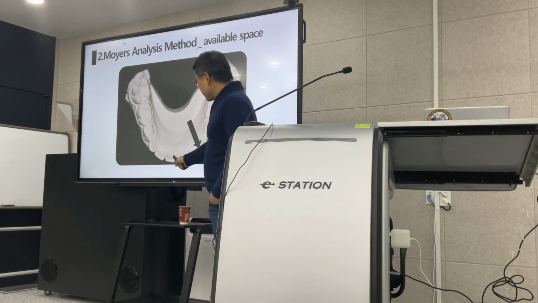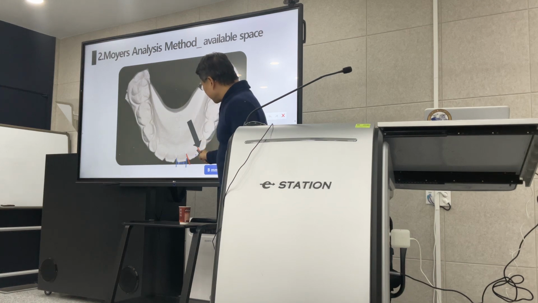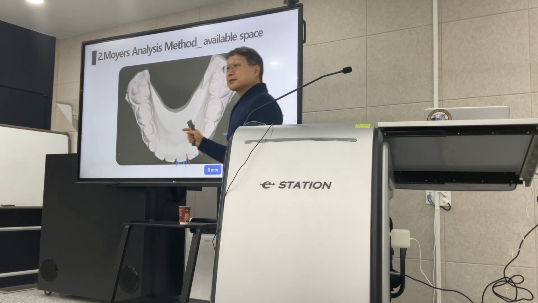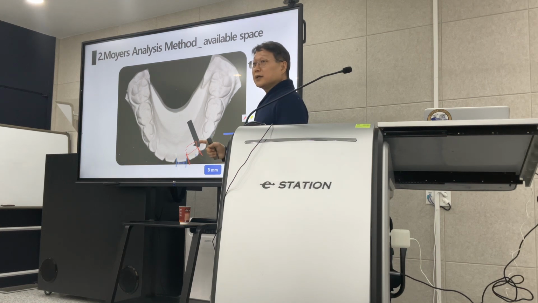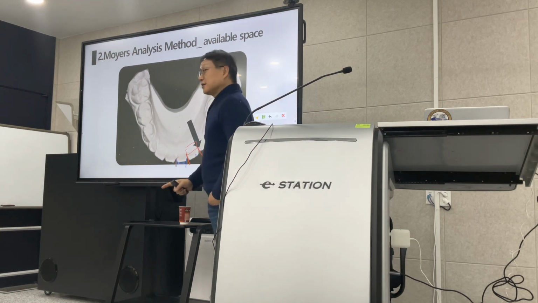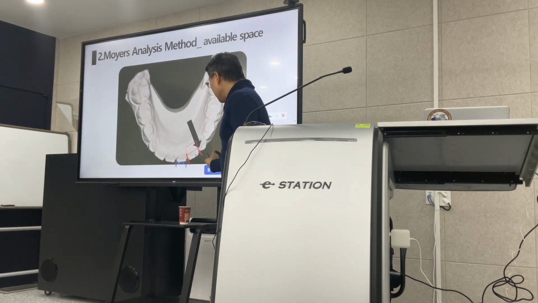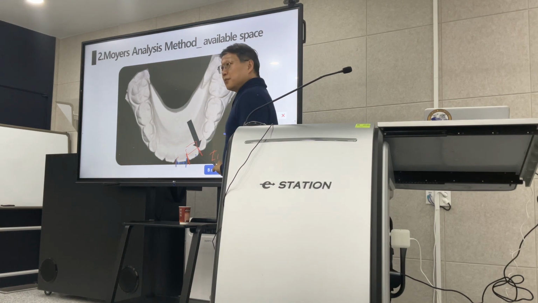You can measure from here to here, right? In this model there is no crowding, but someone may have some crowding. In that case, we can use this concept. Number one, it's very easy because for the first incisors there is almost no congenital missing.